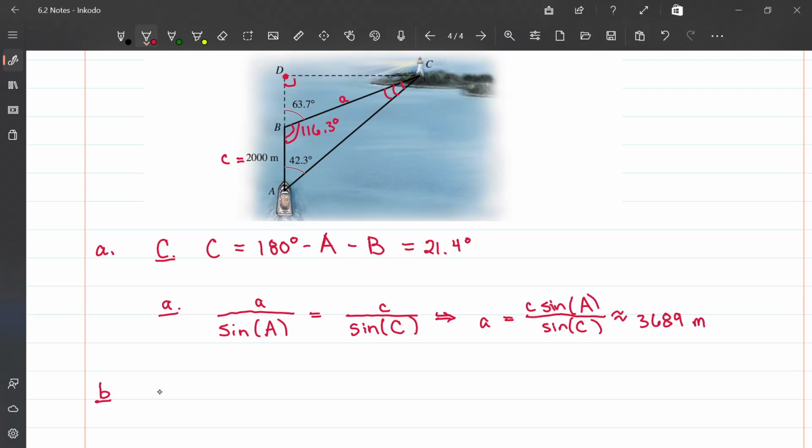So what I'm going to do is say that if I take the length of the hypotenuse, little a, and I multiply it by sine of 63.7 degrees, then it should be equal to the length of the side between D and C. Now, since I don't have a name for that side like I did for little a and little c and little b, I'm just going to call it the line segment DC, and I'll put vertical bars around it to denote I'm talking about the length.